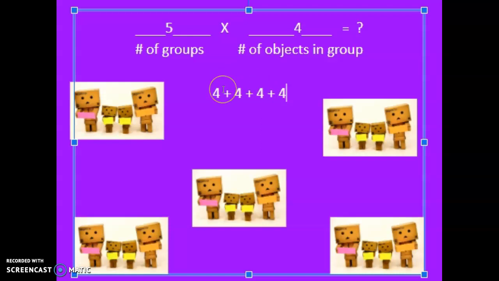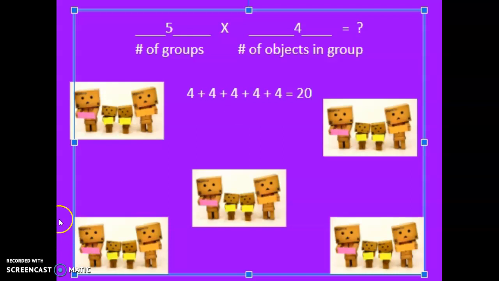So I should see 4 plus 4 plus 4 plus 4 plus 4 to get my 5 groups of 4. And again, here the answer is going to be 20.